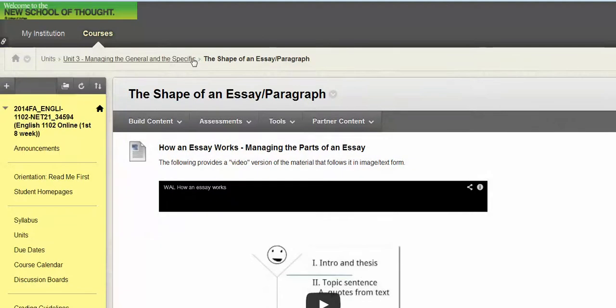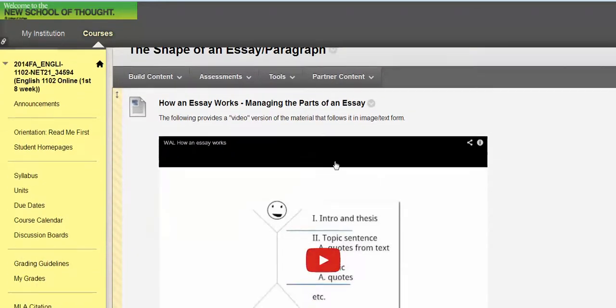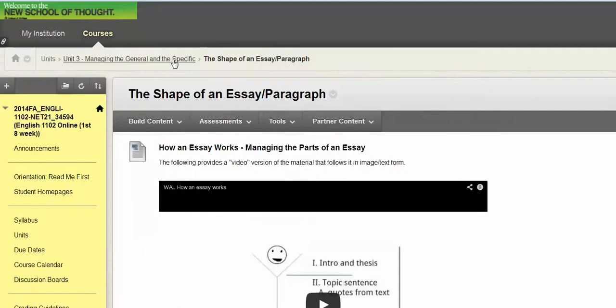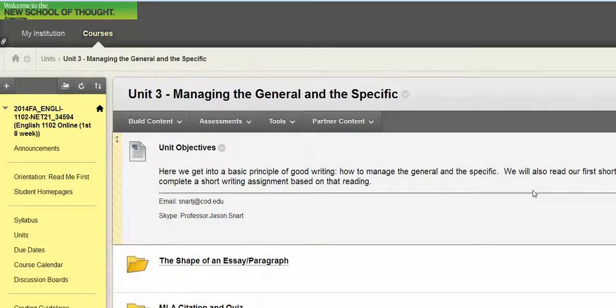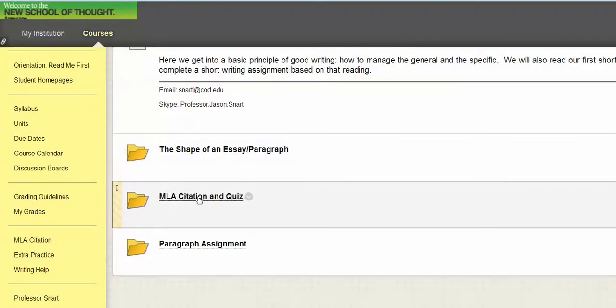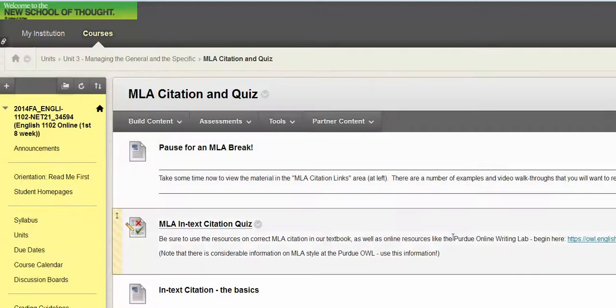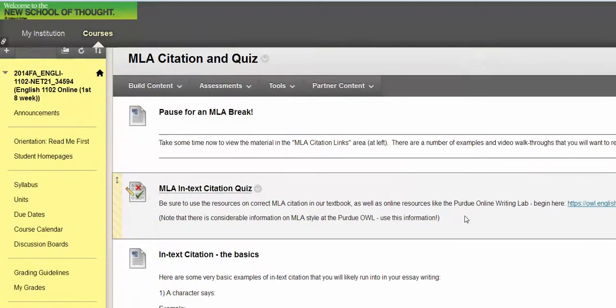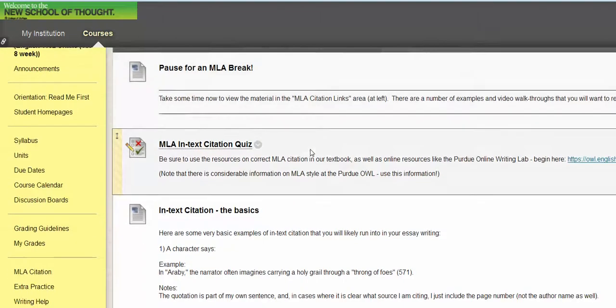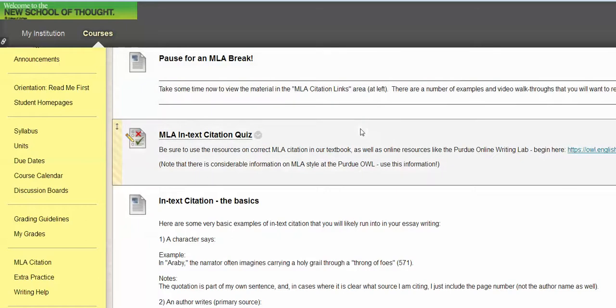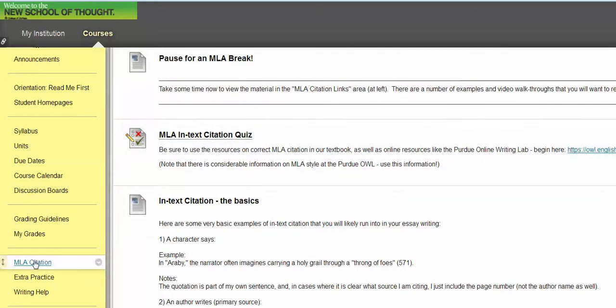So as always, don't forget that just because you get through the content in this folder, we're not done with the unit yet. So we'll look at a little MLA citation stuff and then a quiz. This piece directs you, instead of to material within the unit itself, to this general MLA citation resource that we have in our course.